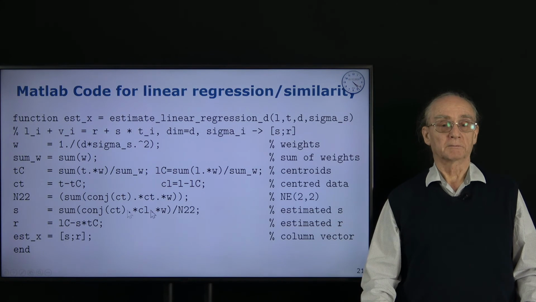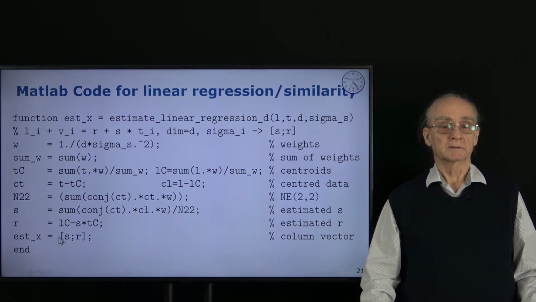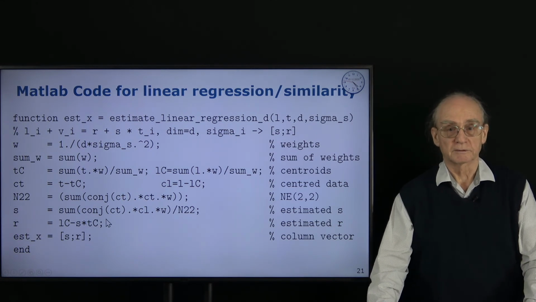This expression is divided by the n2, which we just defined, and the translation is nothing else than L0 minus S times the center of the given data. And we put the estimates into a vector, and this is either a 2 vector with real values or a 2 vector with 2 complex values. So this is then the output. So you see you have here a linear regression or a similarity in one program.